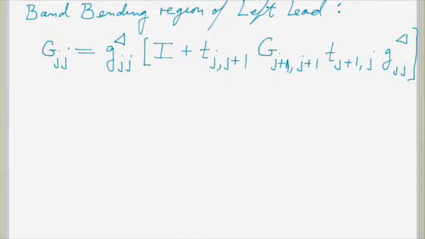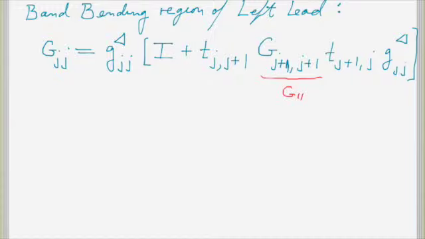So again, my starting point, what I know initially, is G11, and I'd use this to get G00, G minus 1 minus 1, G minus 2 minus 2. I'd use this first set of equations to get that corner block G11.